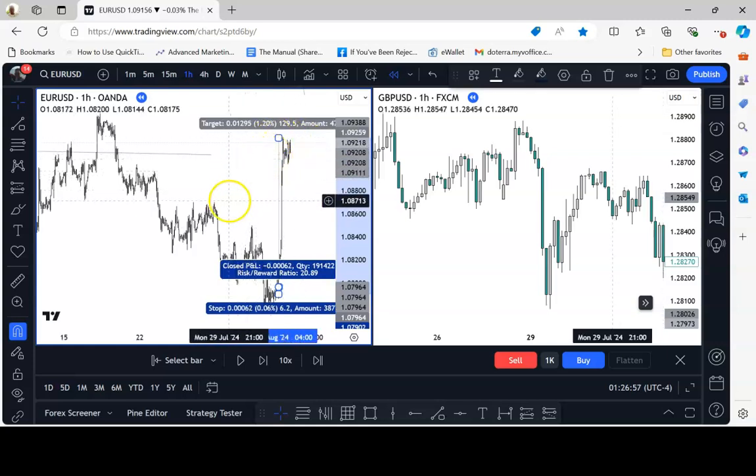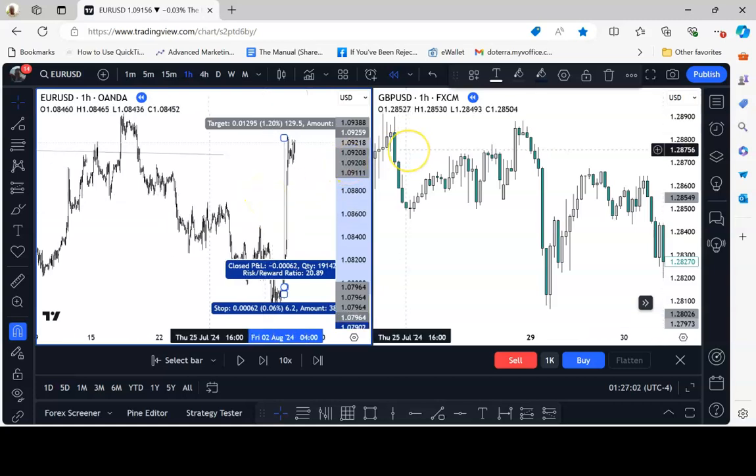It might sound crazy, but it's as simple as that. You look for the SMT on the higher time frame, going into an internal or external range liquidity pool. You can be trading from external to internal or internal to external, whichever one works best for you.